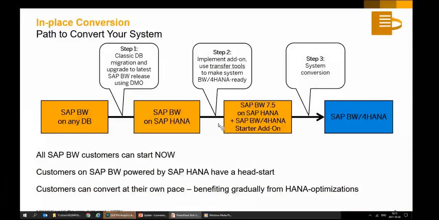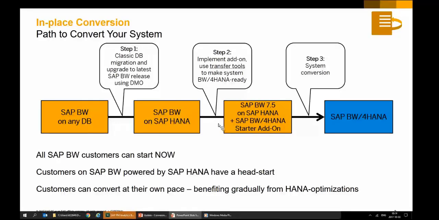Now let's look into a little bit more detail for the in-place conversion. As I said, you can start with BW on any release in any database. However, there are some prerequisites before you can get to the actual conversion tools. Number one, you have to be moving to the HANA database, and this can be done with database migration. Typically, you'll use the database migration option to accomplish this.